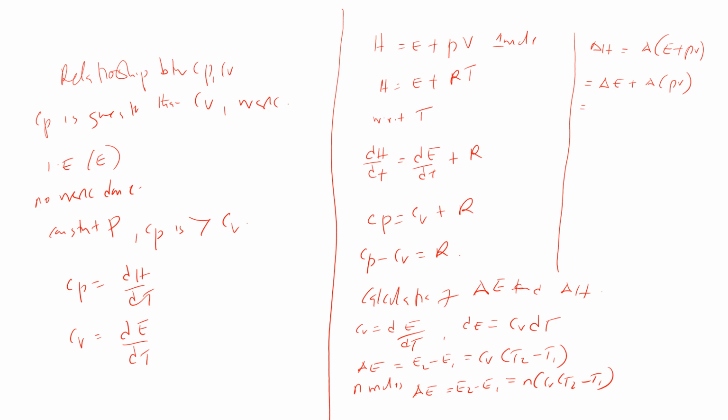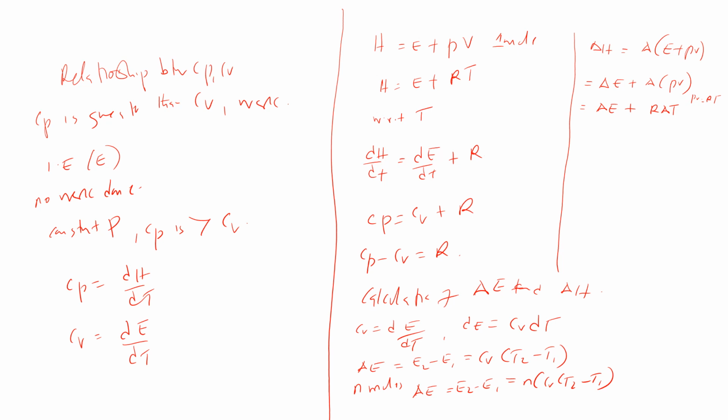Remember PV is equal to RT, so that will be delta E plus R delta T, because R is a constant.